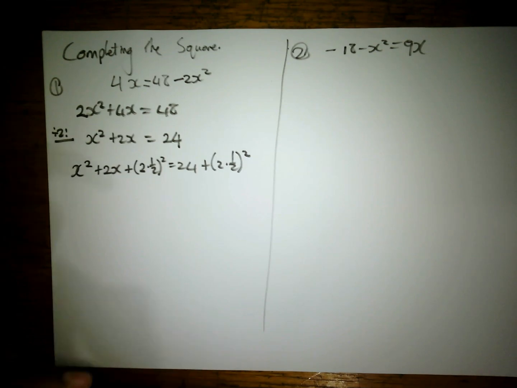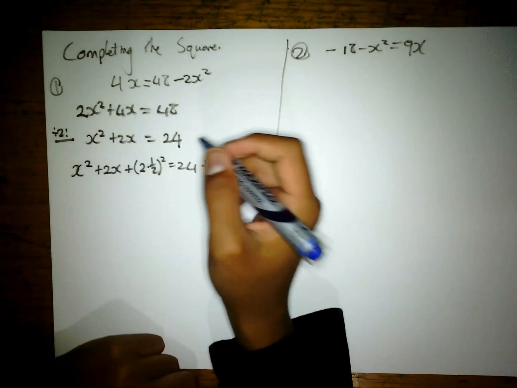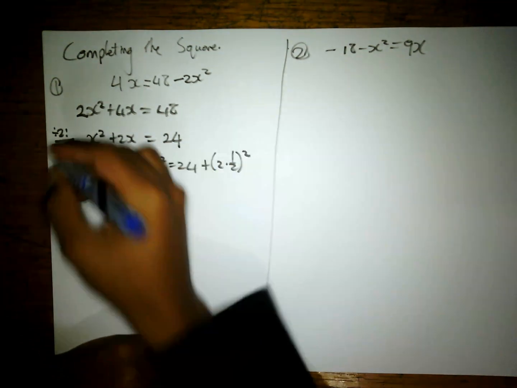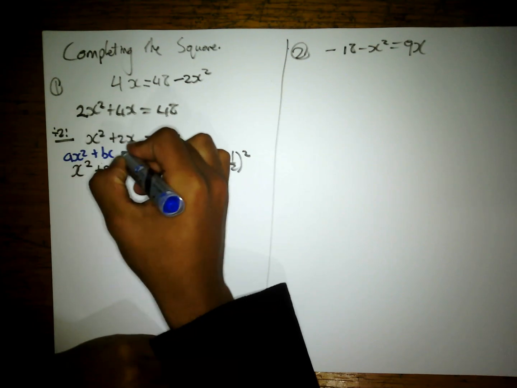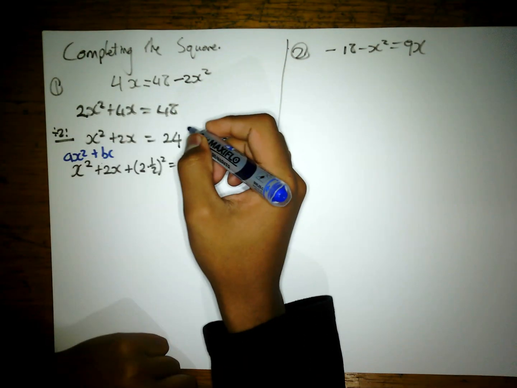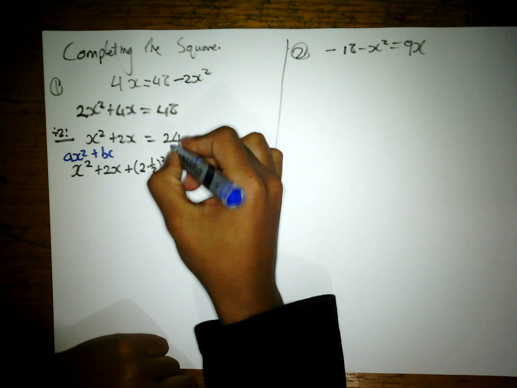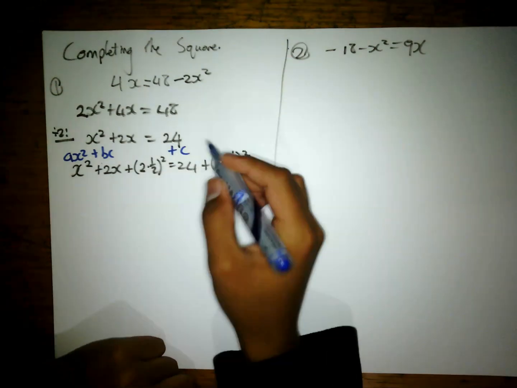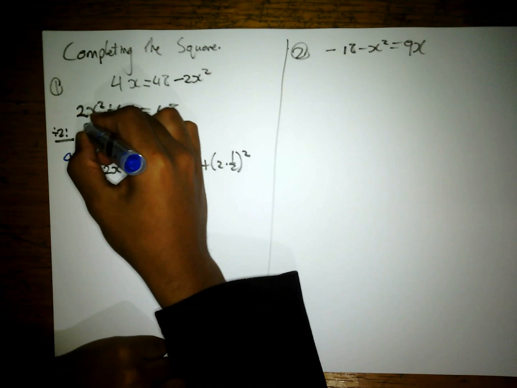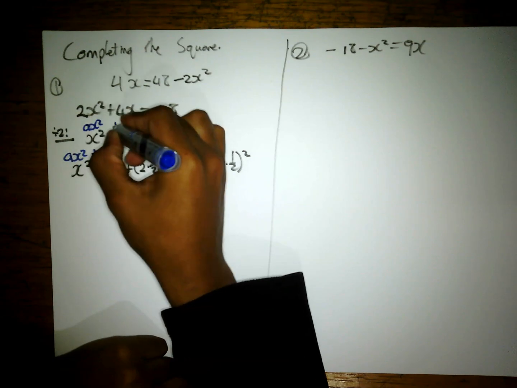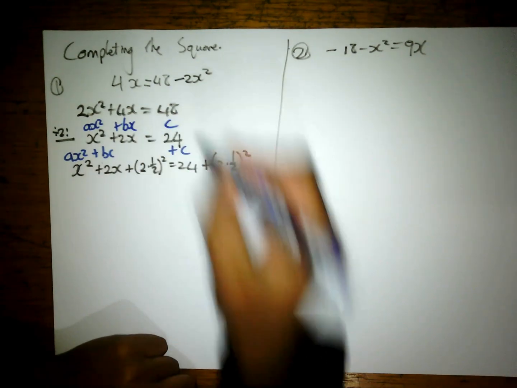Okay. So can I ask why you do that? So we know the formula ax squared plus bx plus c. This is my c value.